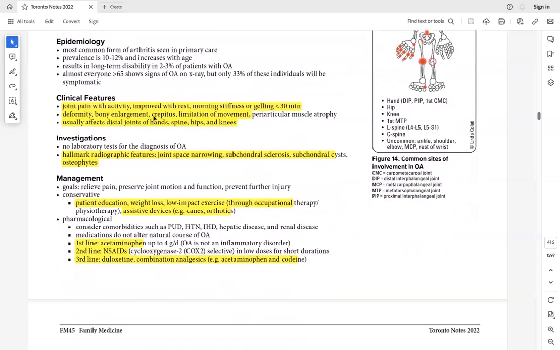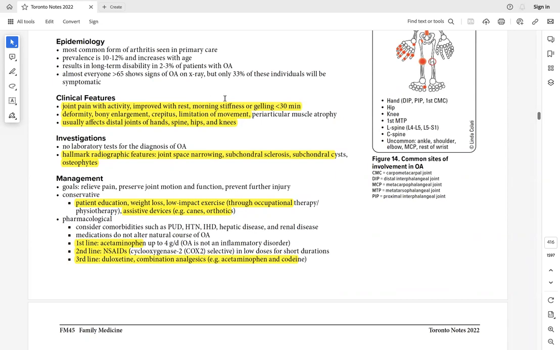So what will the patient present with? Mostly it is old age, above 60 or 65 years. They will present with pain with activity, improved with rest, and morning stiffness or gelling lasting less than 30 minutes.